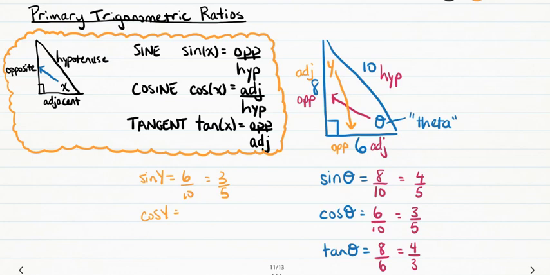So cosine ratio is adjacent over hypotenuse. So in this case, the adjacent is 8, the hypotenuse is 10. 8 over 10 simplifies to 4 over 5. And the tangent ratio for angle y is the opposite over adjacent, which if we look at our reference angle, the opposite is 6 and the adjacent is 8, which simplifies to 3 over 4.